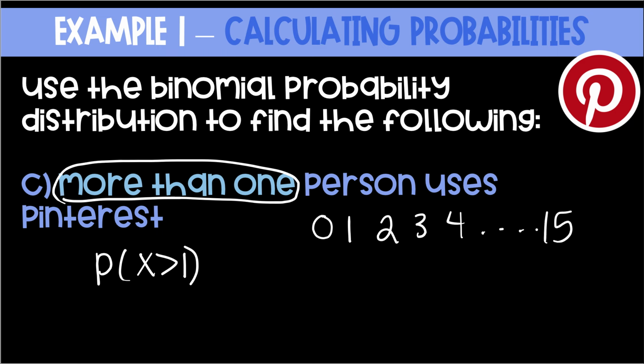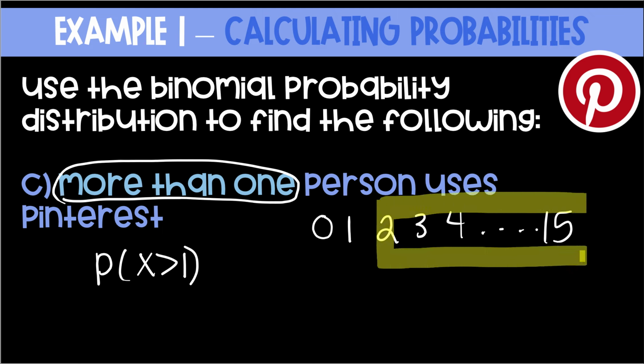More than 1 is 2, or 3, or 4, or 5, or 6, or 7, all the way to 15. More than 1 is X is greater than or equal to 2. These two are equal to each other when it comes to binomial probability distribution.